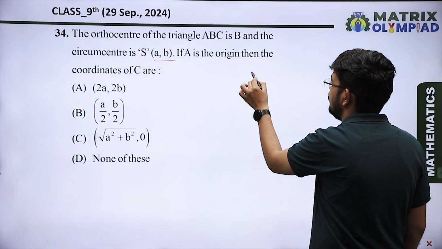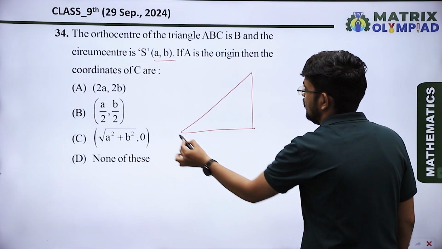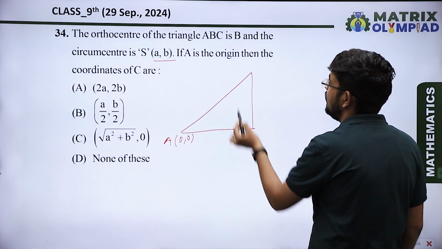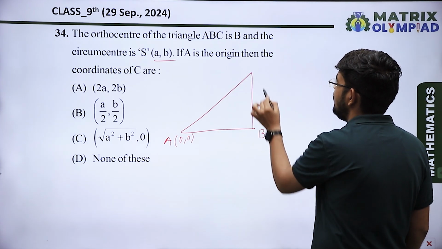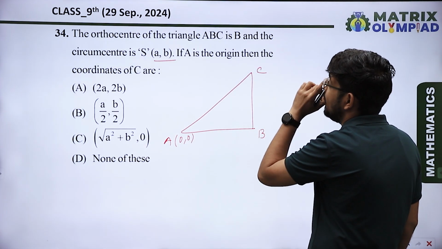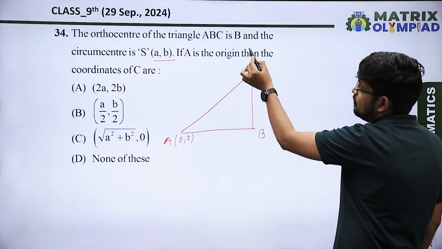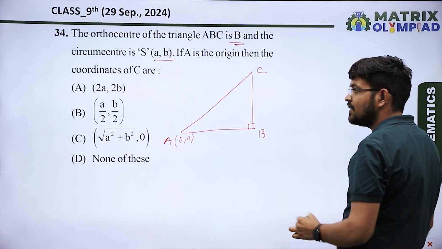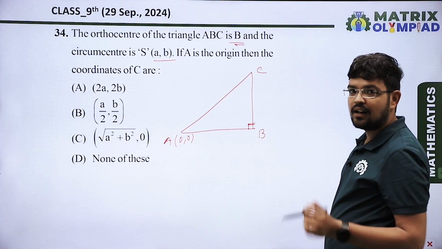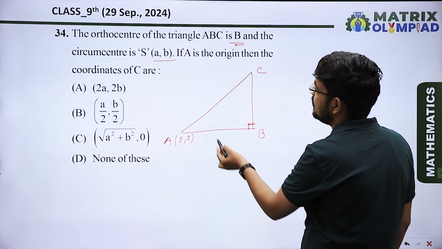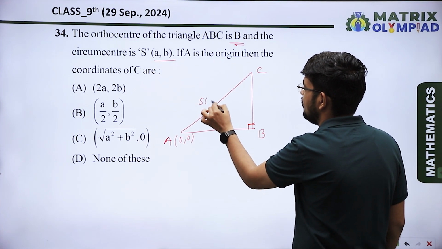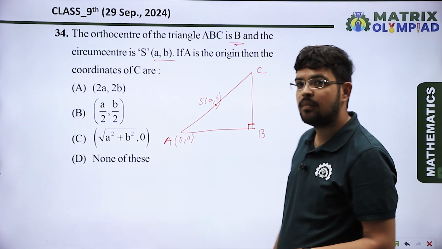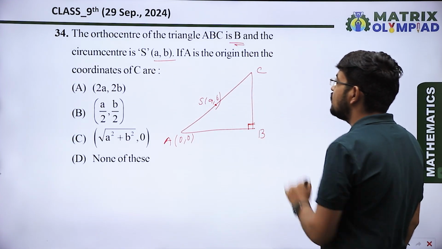So in triangle ABC, A is the origin, meaning its coordinate is 0, 0, and that is point B and that is point C. The orthocenter is B. It means if the orthocenter is any vertex, then definitely it is a right angle, and the circumcenter is S, A comma B. If it is a right angle triangle, the circumcenter will lie on the hypotenuse.